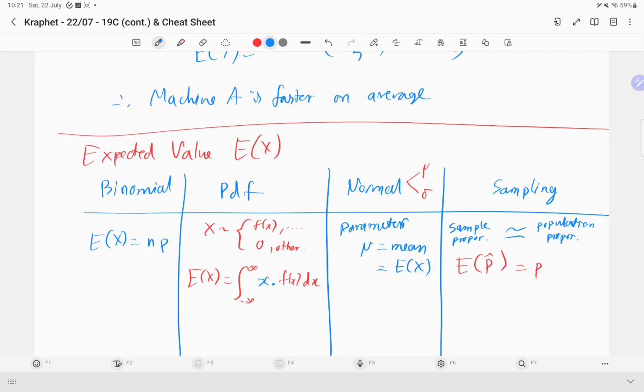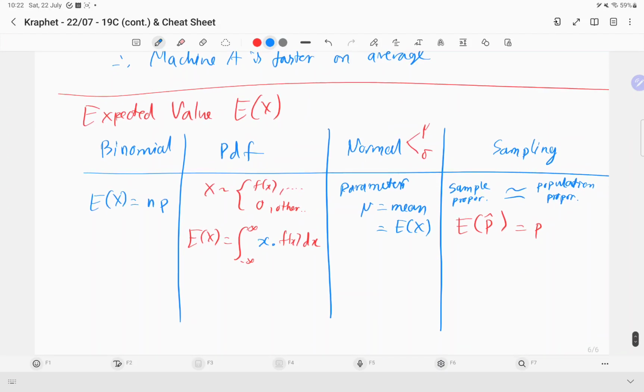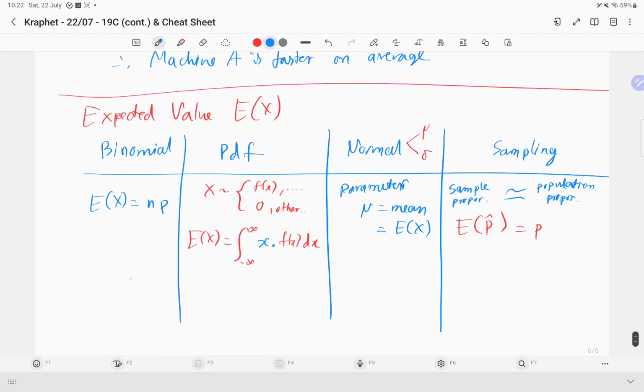Let's say you expect about 50% of the population of people in Queensland to be female, and you take a sample of 100 people. What proportion do you expect? 50% to be female as well. So that's the expectation of the sampling distribution.